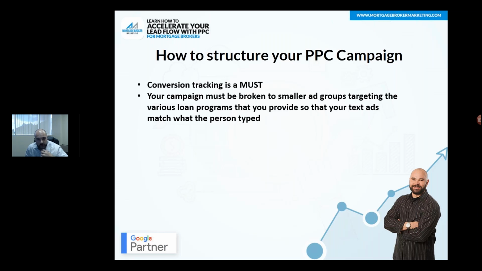Your campaigns also need to be broken up into smaller, bite-sized ad groups, targeting the different loan programs that you provide, and the text ads can be matching what the person typed in.